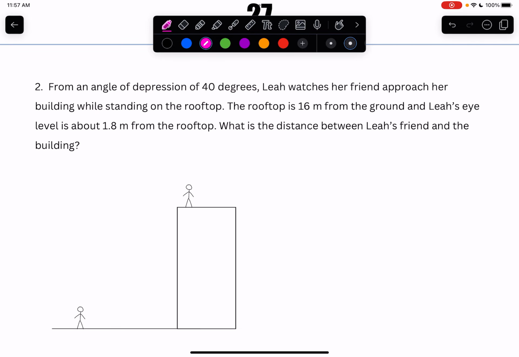So now for number 2, from an angle of depression of 40 degrees, Leah watches her friend approach her building from standing on the rooftop. So Leia's normal line of sight is here. If she wants to look down at her friend coming up, she would have to look down 40 degrees.